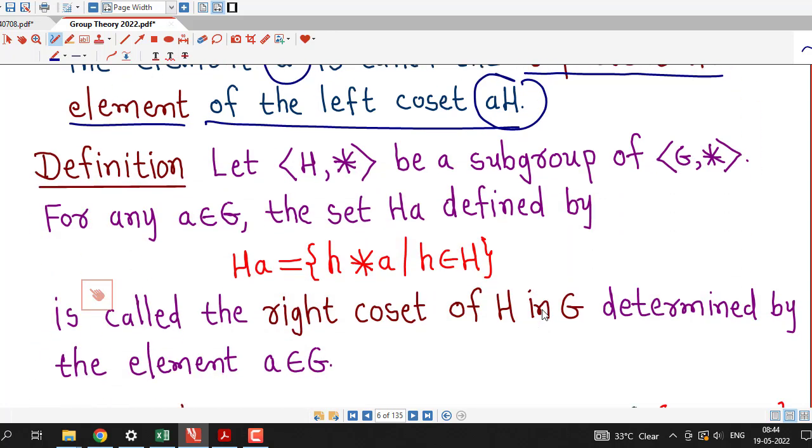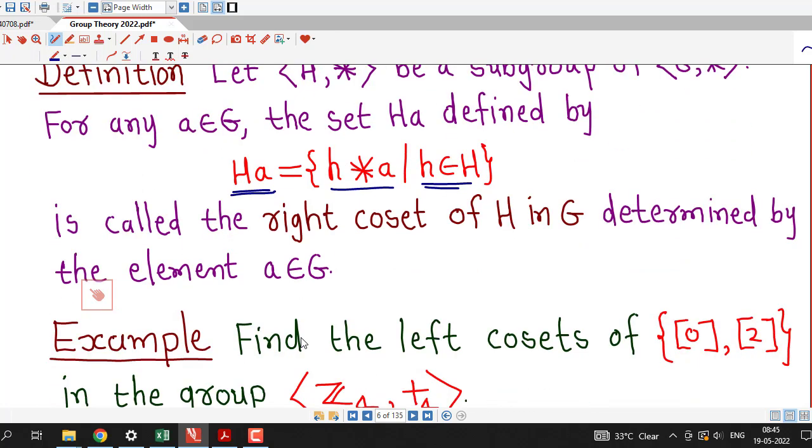And this is the definition of the right coset. For the right coset, we will use this notation Ha, and it is given by the set containing elements of the type h star a, where h belongs to H.